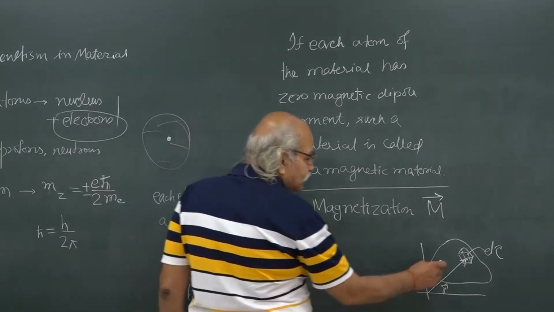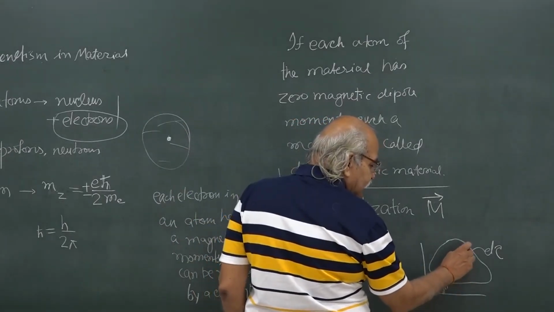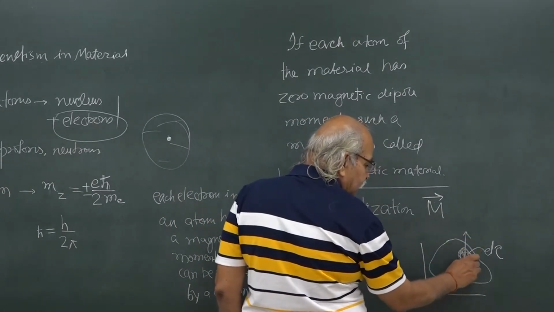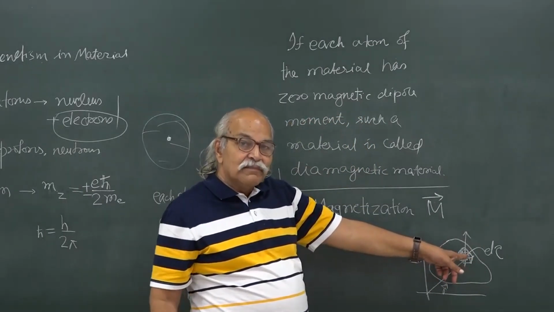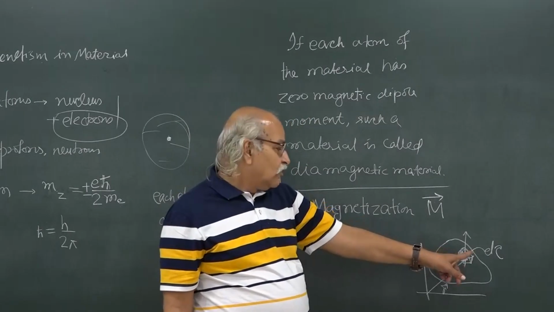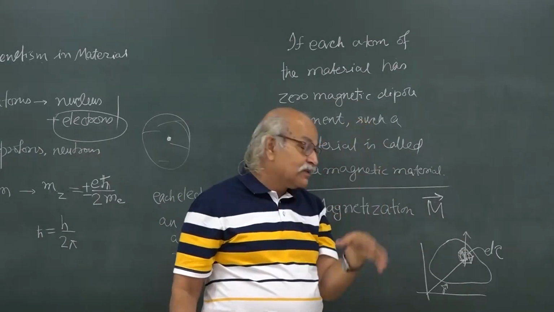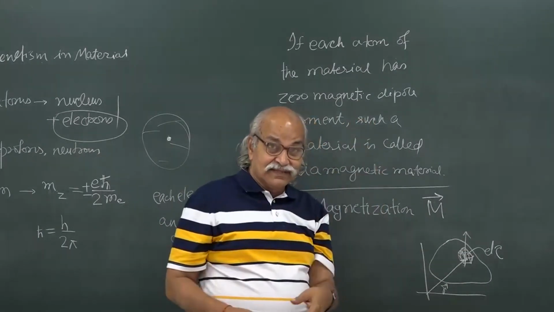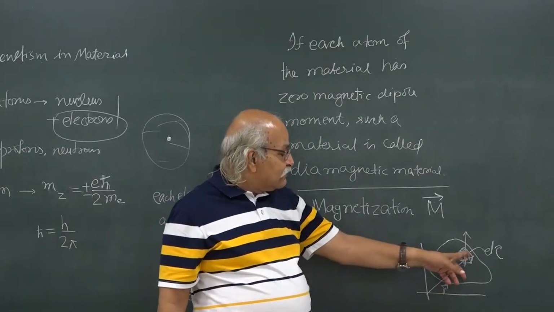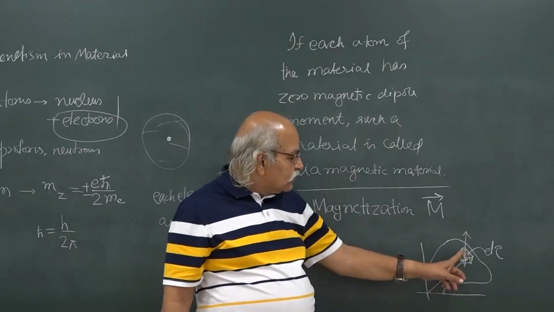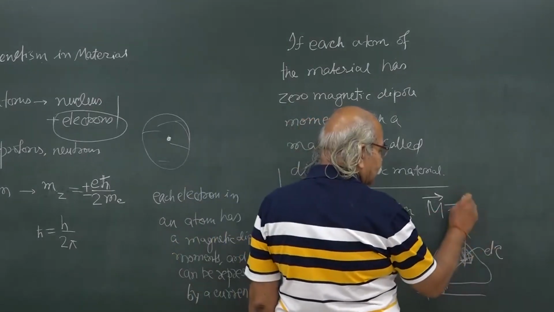And then ask, what is the total magnetic dipole moment of all the atoms taken together here? All the atoms in this d tau, how much is the total magnetic dipole moment of all these atoms? When I say atoms, you understand that I am talking of atoms, molecules, ions, whatever the structure of the material. That net magnetic dipole moment of this d tau, you look at and then divide by this d tau.